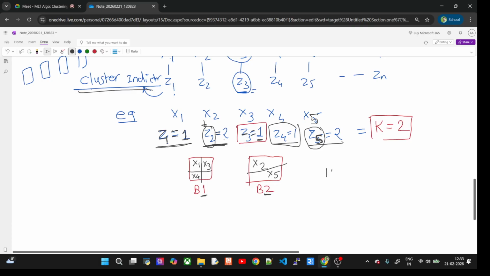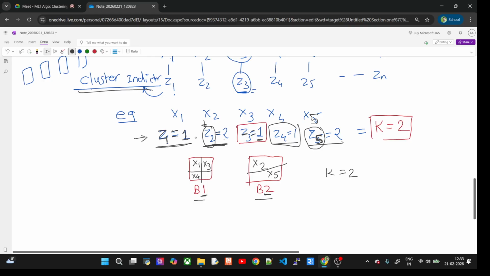So if we have two clusters, two boxes b1 and b2, and you want to put the data points x1, x2, x3, x4 and x5 into the boxes, then when you get the data, you will have the cluster indicators as your output, like z1, z2, z3, which is the output of your clustering.